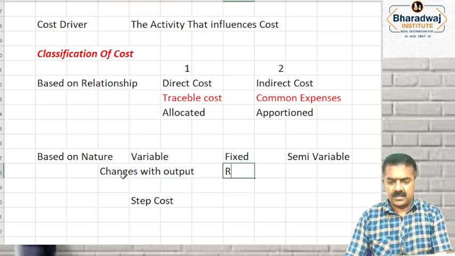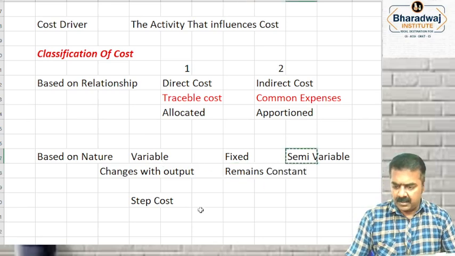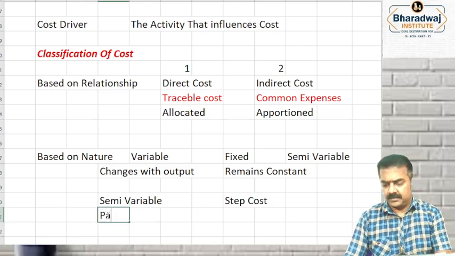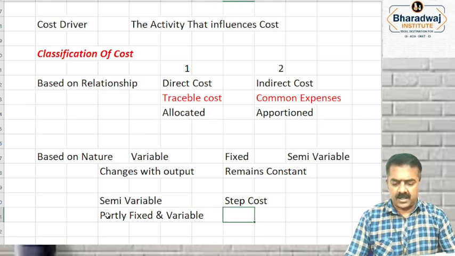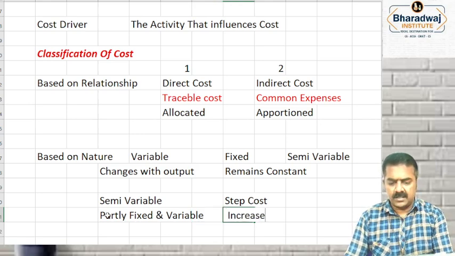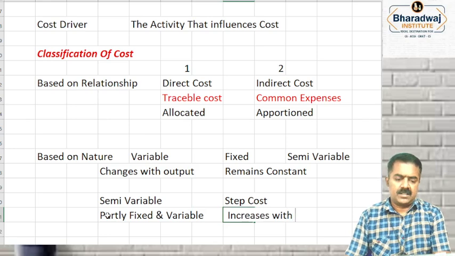What is fixed cost? Remains the same. What is semi-variable cost? Partly fixed and partly variable. What is step cost? Increases with capacity change.